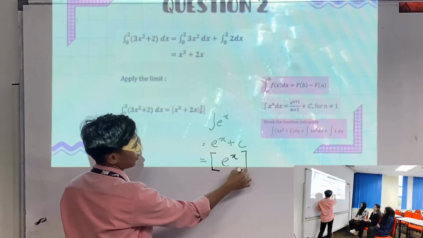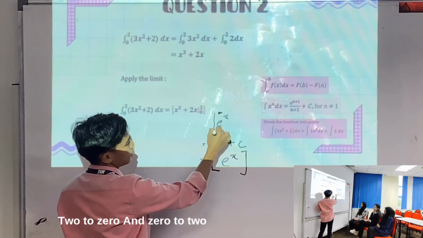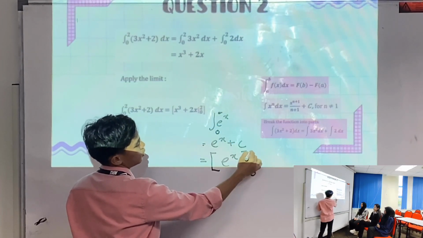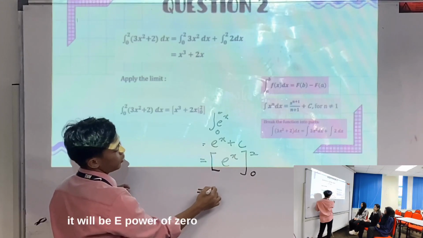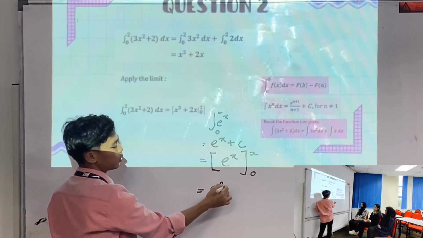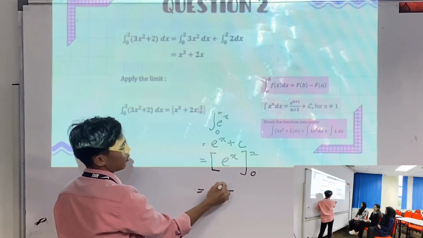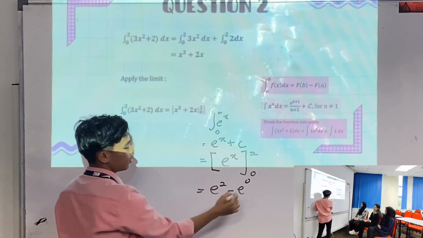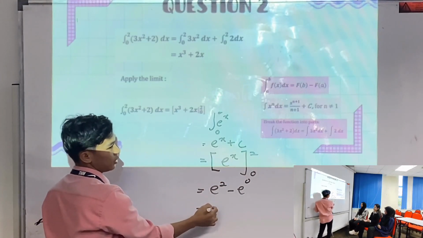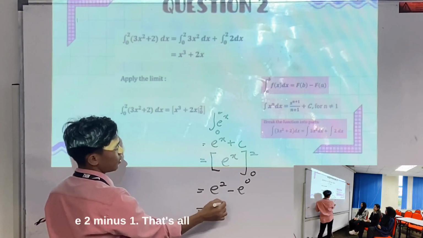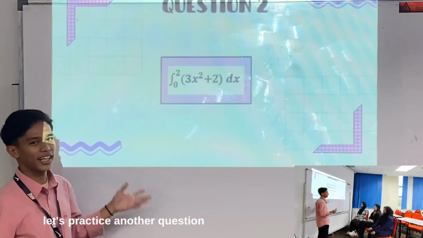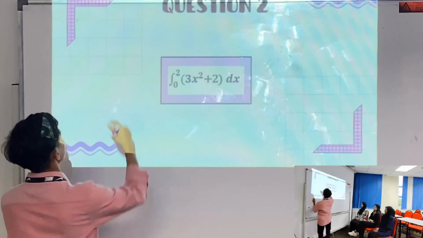For example, from 0 to 2, it will be e to the power of 2 minus e to the power of 0, which is e squared minus e to the power of 1.